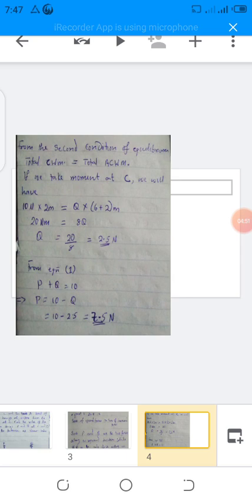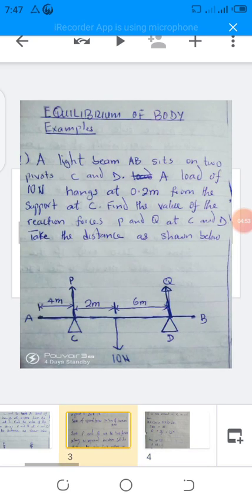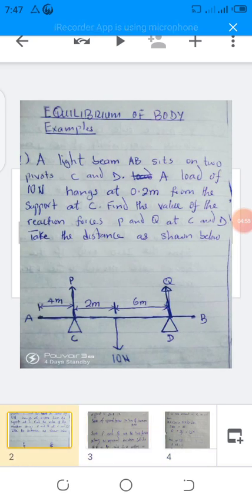What do we mean by clockwise moment? If you go back to the diagram, you realize if you take moment, let us take moment at C, which means we will virtually or imaginarily remove reaction D.